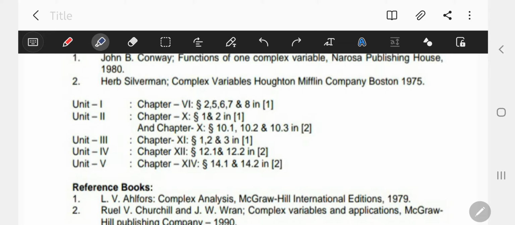In this Complex Analysis second paper, unit first, unit second and unit third are from the first textbook, that is John Conway's textbook, chapter numbers 6, 10 and 11, and the remaining units are from Herb Silverman's book, chapters 10, 12 and 14.